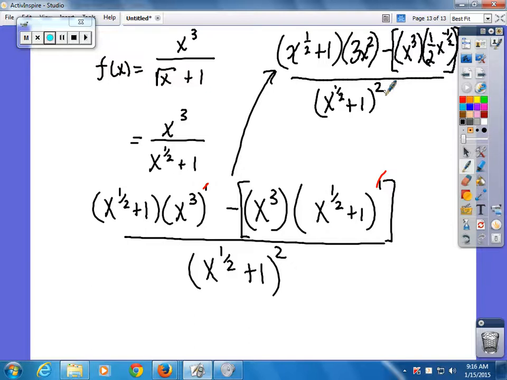Downstairs, and you have x cubed over 2x to the 1/2, right?